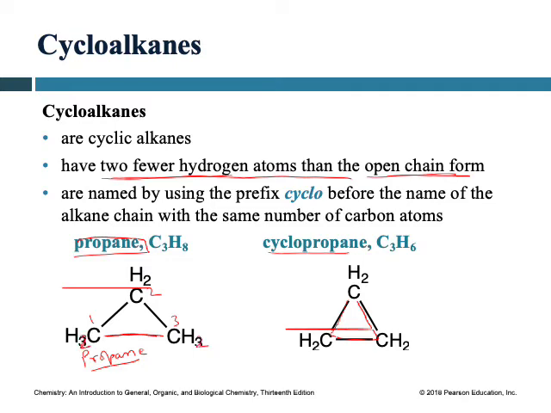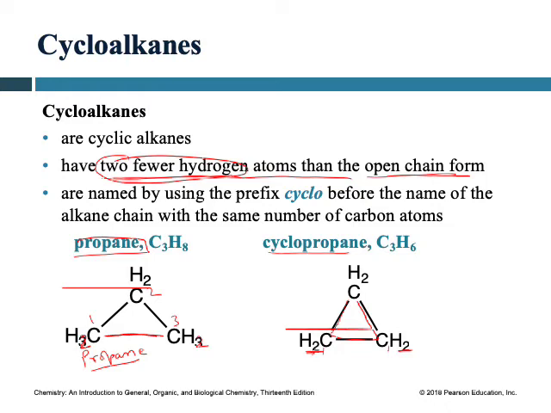Because if you wouldn't have taken out the hydrogen, then the carbon would have 5 bonds as compared to the 4, which is not possible. So you have to take out one hydrogen. As you can see, now you have 2 hydrogens, meaning you have already taken out one from this, one from this. That's why you have 2 hydrogens less compared to the open chain form of the alkane, right?